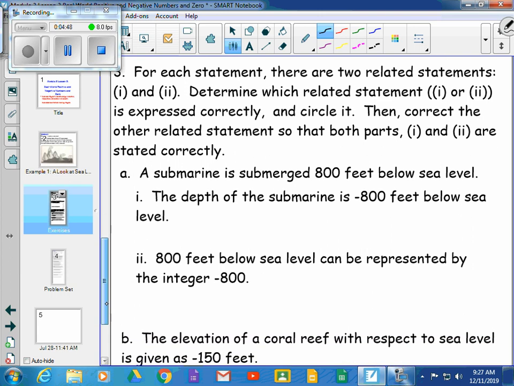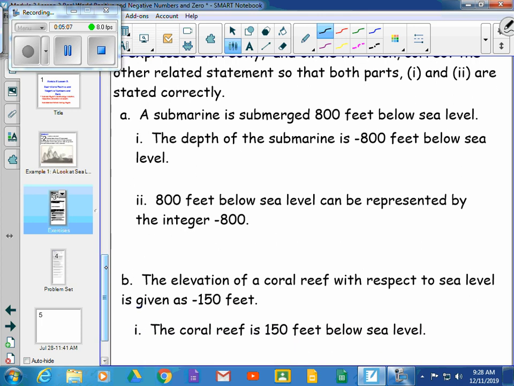Now the next question says for each statement there are 2 related statements, 1 and 2. Determine which related statement, 1 or 2, is expressed correctly and circle it. Then correct the other related statement so that both parts 1 and 2 are stated correctly. So in letter A, we have a submarine submerged 800 feet below sea level.